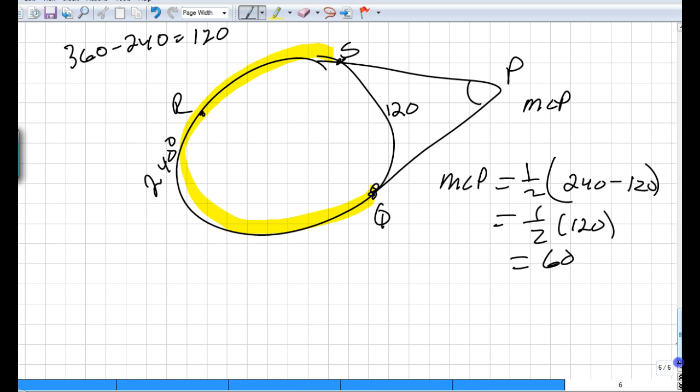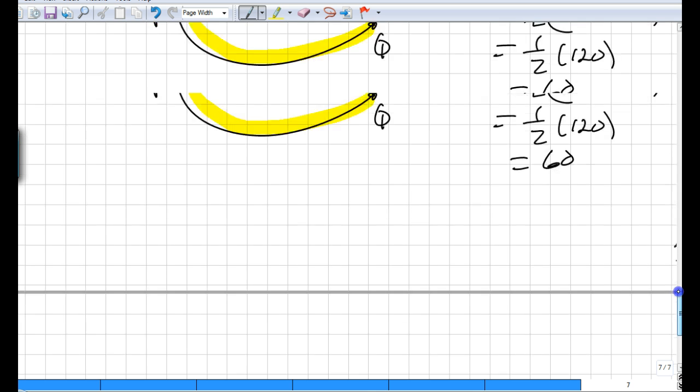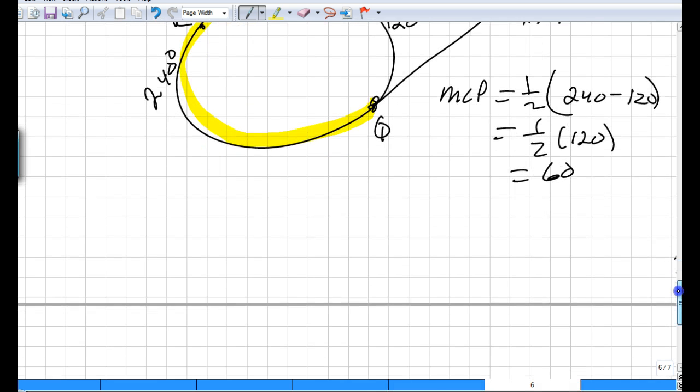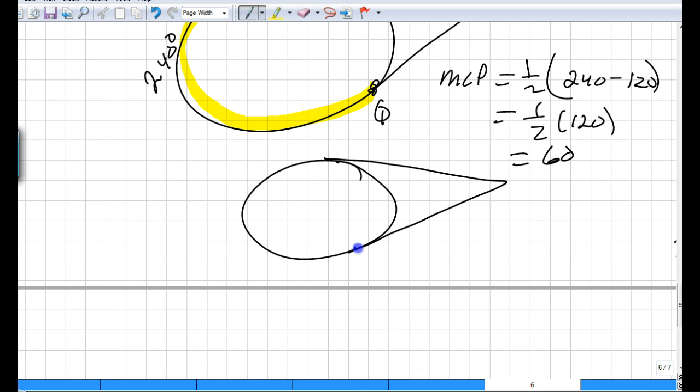Alright, well, let's do just one more. Okay, this is 2 tangents.